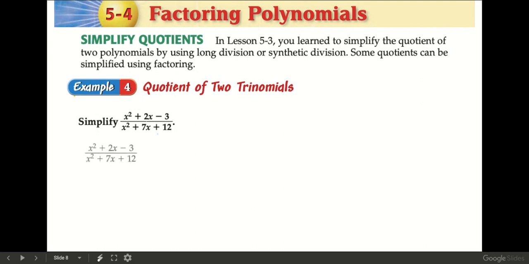Well, I'm going to go ahead and start by examining the problem and notice that I can actually factor this trinomial on top, and I can also factor this trinomial on the bottom. If I factor these, right, this trinomial actually just factors out to x plus 3 times x minus 1. So, because I know x times x is x squared, x times negative 1 is negative x, 3 times x is 3x, which if I have negative 1x plus 3x, that makes positive 2x.